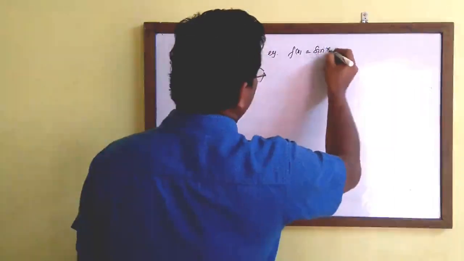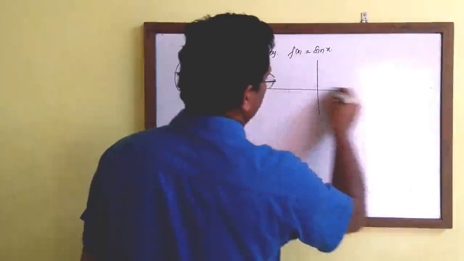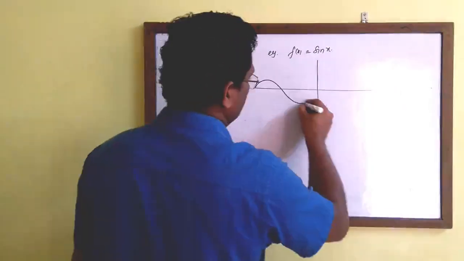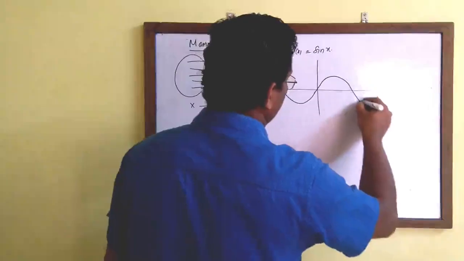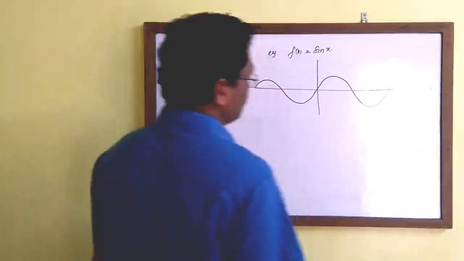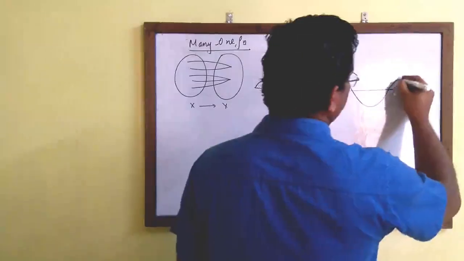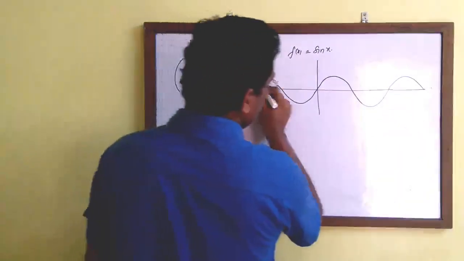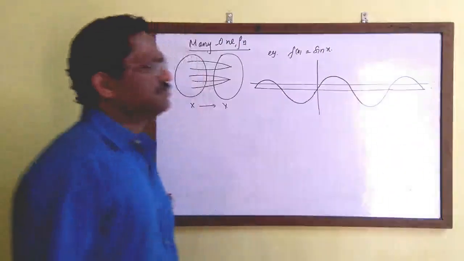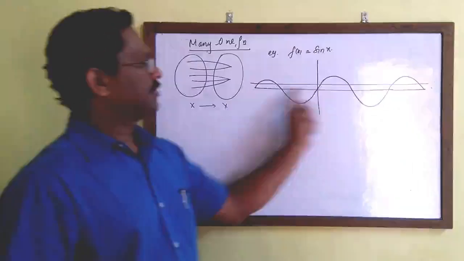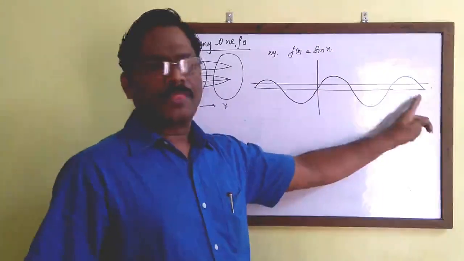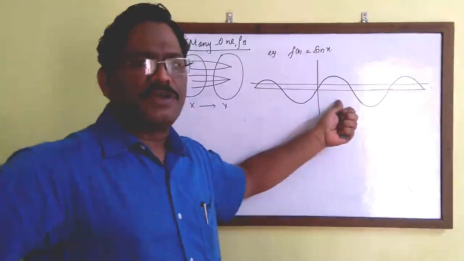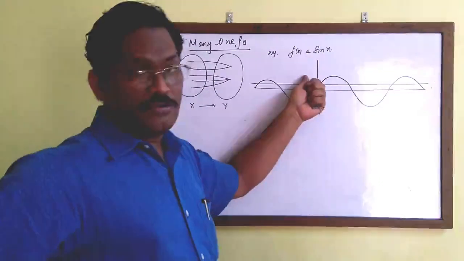So if I take f(x) equal to sin x, see, it forms a graph like this. In fact this graph is never ending, it will continue. So if I draw a line parallel to the x-axis, see, it intersects at infinite points. That means there are infinite values of x which give you this particular value of y.